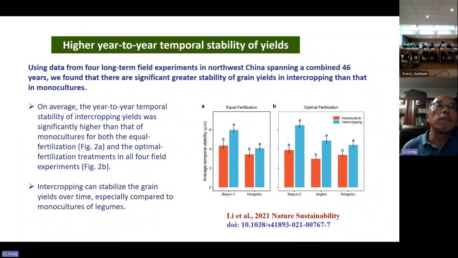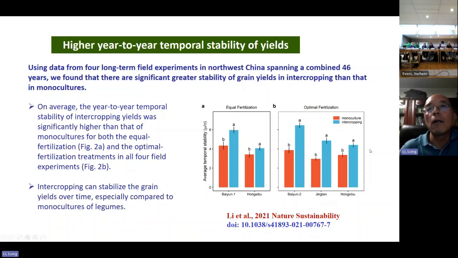We also found much higher year-to-year temporal stability of yields. Using the full-field long-term experiment, we found that intercropping, in blue, and monoculture, in red.